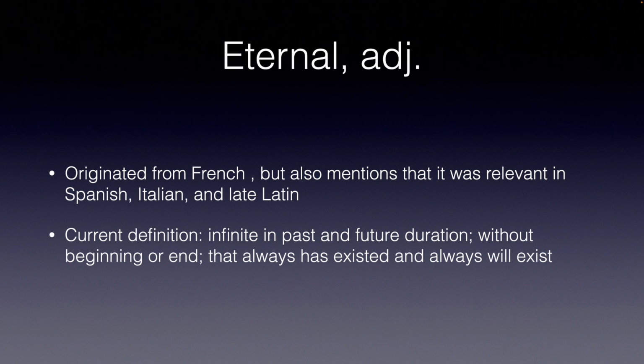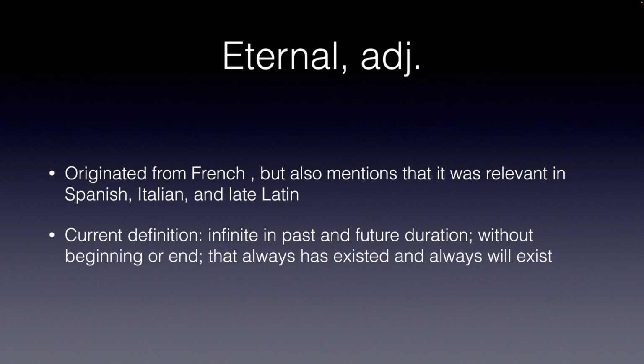The next word is eternal. This originated from the French language, but it also mentioned that it was relevant in Spanish, Italian, and late Latin. And the spellings were all pretty similar for those different origins.